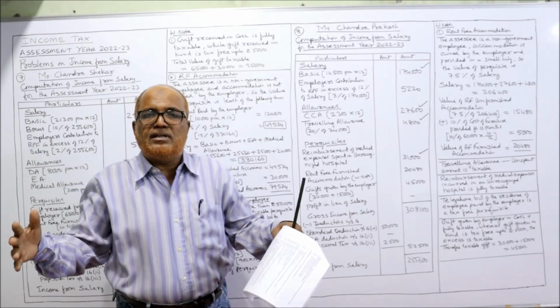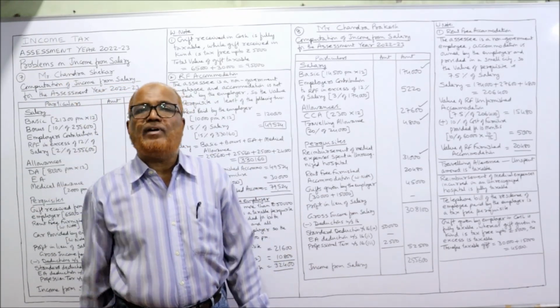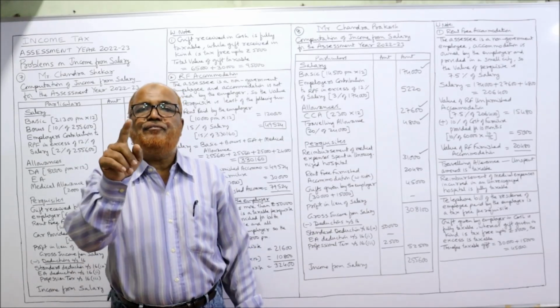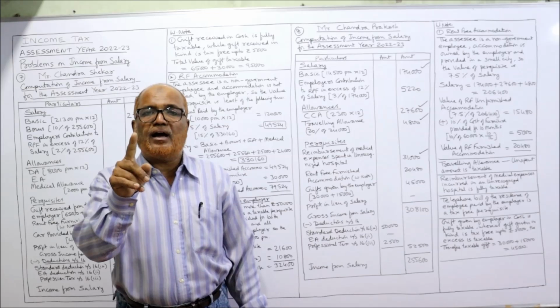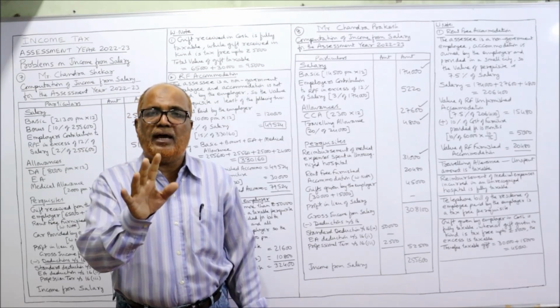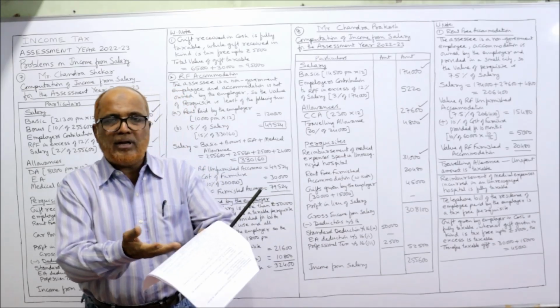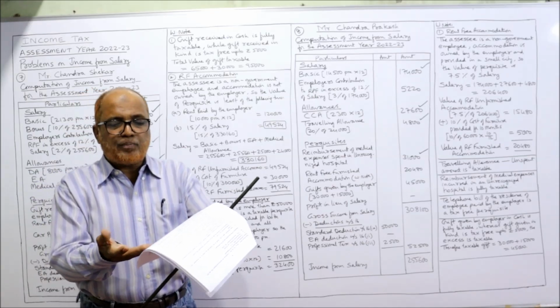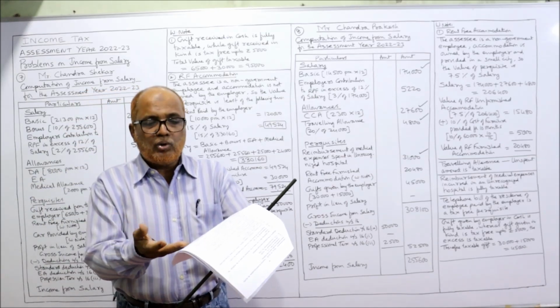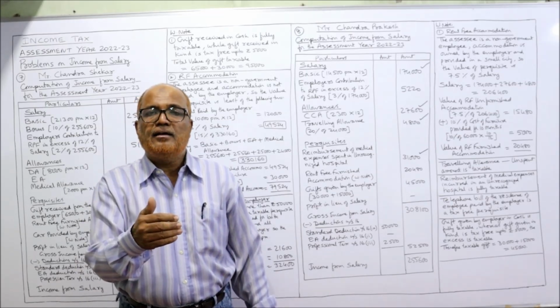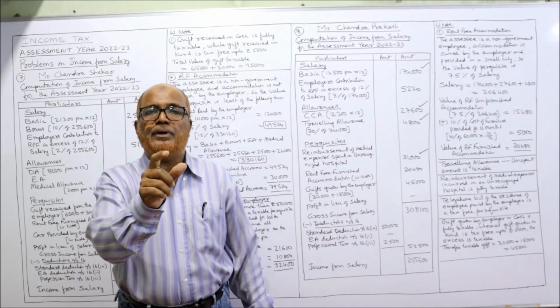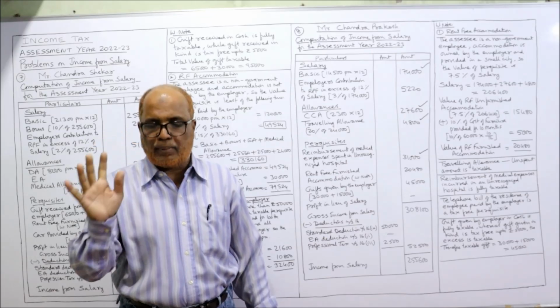If the population of the city is more than 25 lakh, then 15% of salary is the value of the perquisite if the accommodation is owned by the employer. Here the accommodation is owned by the employer and it is provided in a small town, 2.8 lakh, less than 10 lakh. So 7.5% of salary is the value of the perquisite.